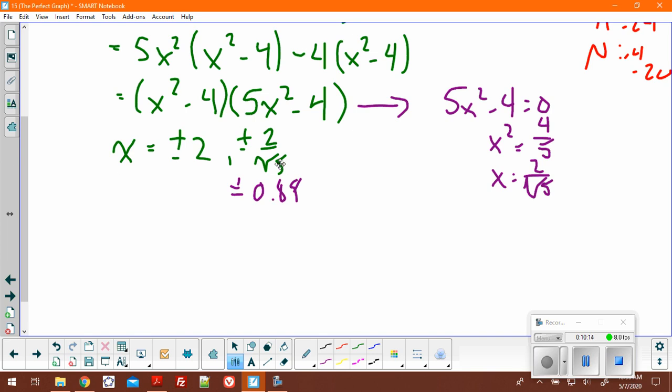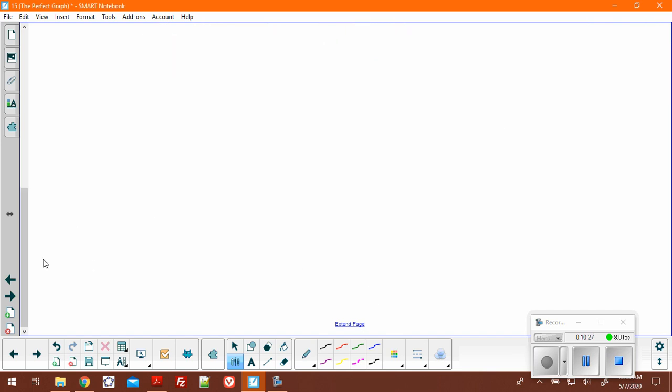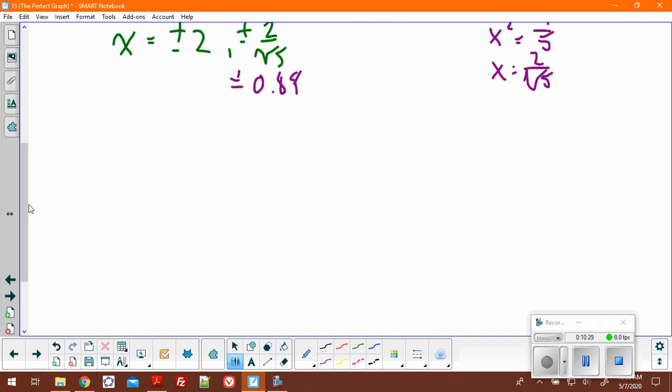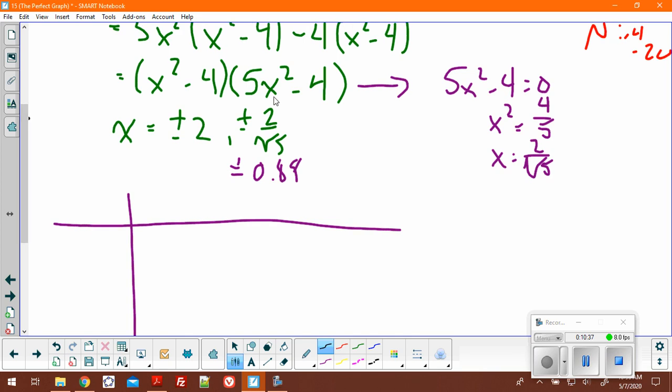Okay, now I want to see if these are going to be local maximums or local minimums. So I'm going to set up my table and start analyzing. So I've got 4 roots there.